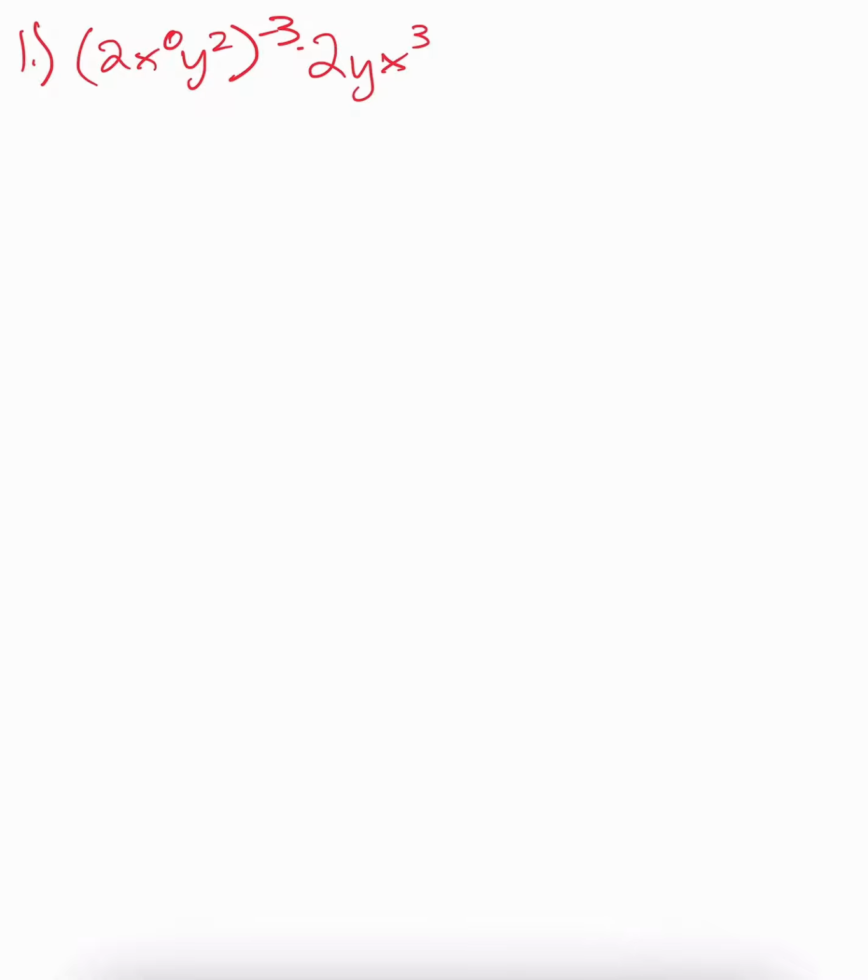So first let's start. So now we have 2y squared to the power of negative 3, because this is equal to 1, because anything to the power of 0 is 1, times 2yx cubed. And now we can use the other rule, which is anything to the power of a negative number becomes a fraction.